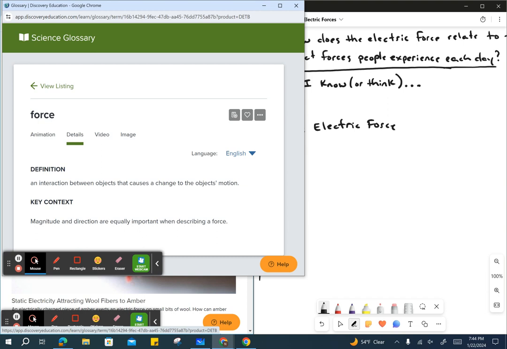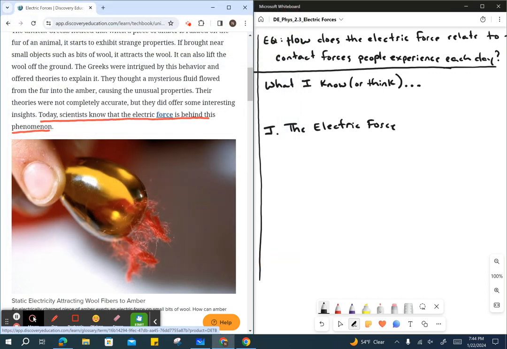It doesn't hurt to click on these and make sure that your thinking is correct. Well, in this case, this amber was able to attract the wool. The wool moved towards the amber, so the term force is appropriate here.